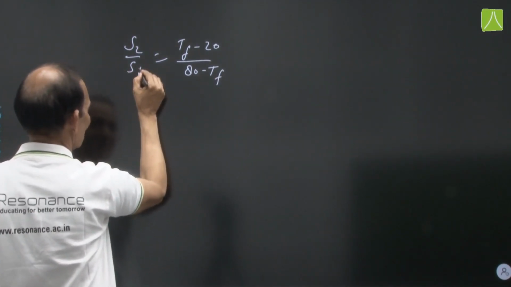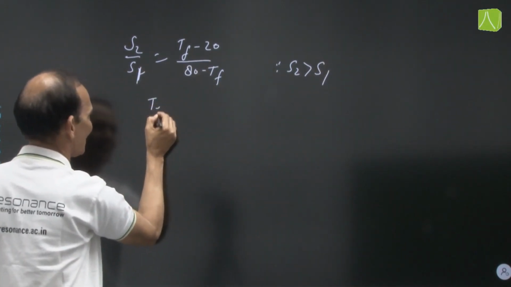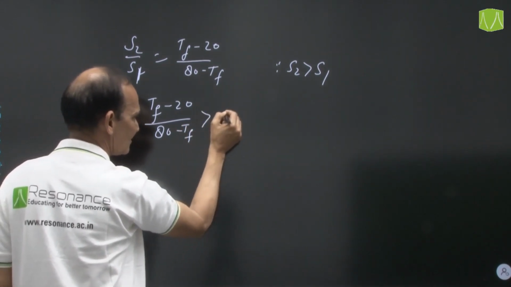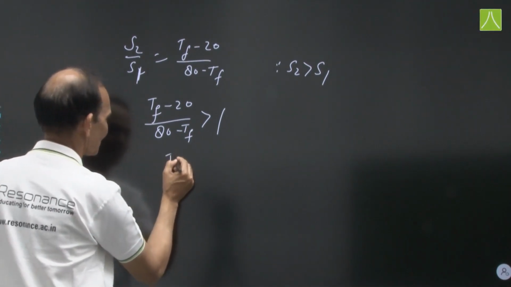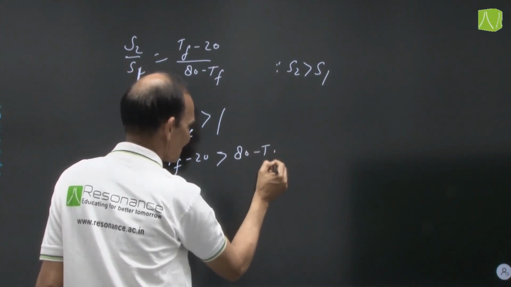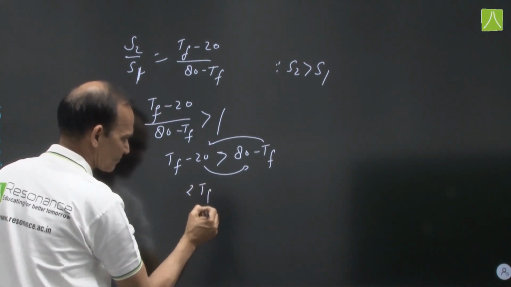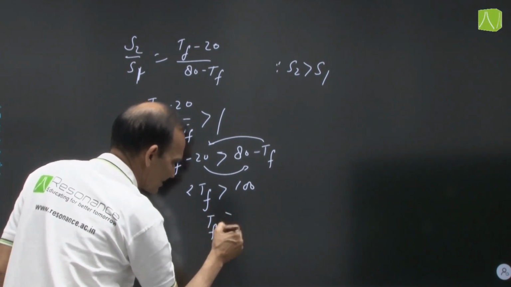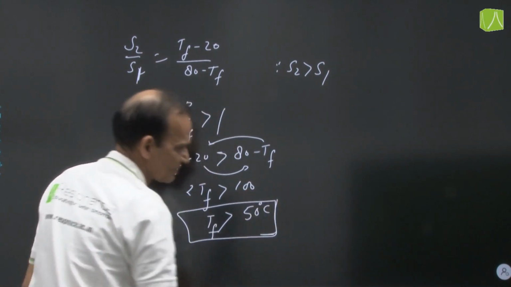We know very well that S2 by S1 is greater than 1, because S2 is greater than S1. So Tf minus 20 upon 80 minus Tf is greater than 1, so Tf minus 20 is greater than 80 minus Tf. Transferring Tf to one side and 20 to the other, 2 Tf is greater than 100, or Tf is greater than 50 degrees Celsius. It must be the answer.